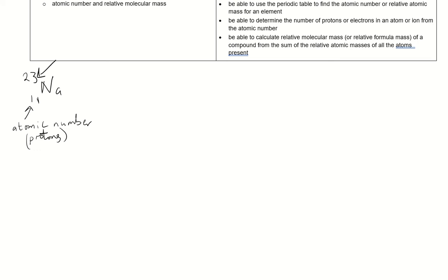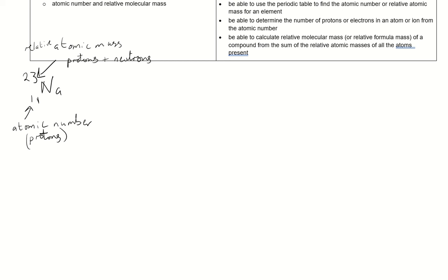And then the top number up here is the relative atomic mass, just to be precise. And that is the protons plus neutrons. So being able to use a periodic table to find them, just be able to pick them out. So if I ask you what's the atomic number for sodium, you give me this number, not that one.